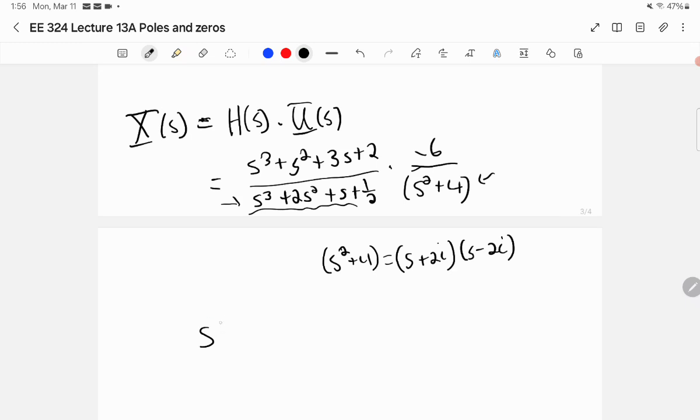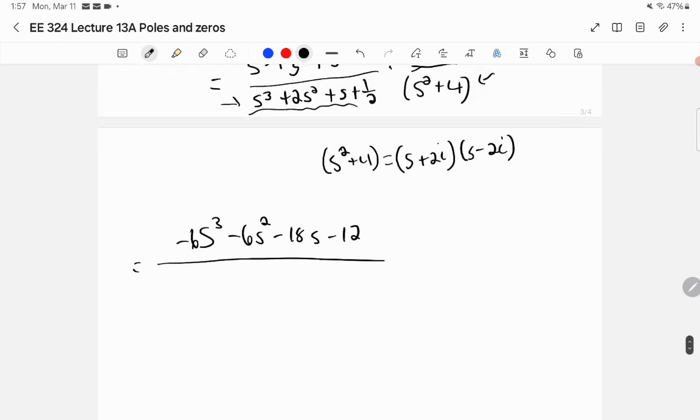So we get something that looks like minus 6s cubed minus 6s squared minus 18s minus 12, divided by, well, I'm going to write out a not exact thing, but the roots, the poles that we found earlier in MATLAB were the following.